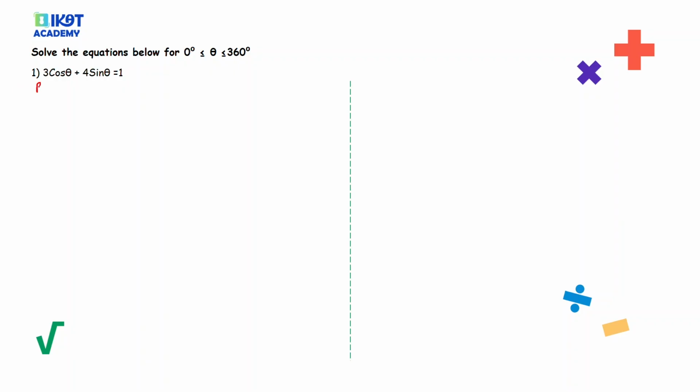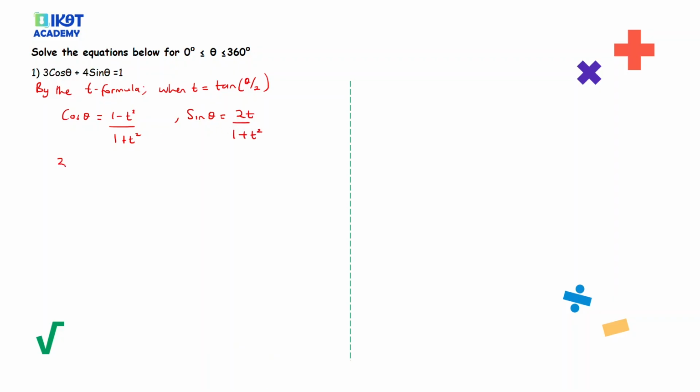Now since it's a first example, I'm going to quote, by the t formula, t is equal to tan theta out of 2, and we've proved how this comes about. Cos theta is 1 minus t squared out of 1 plus t squared, and sine theta is equal to 2t out of 1 plus t squared.